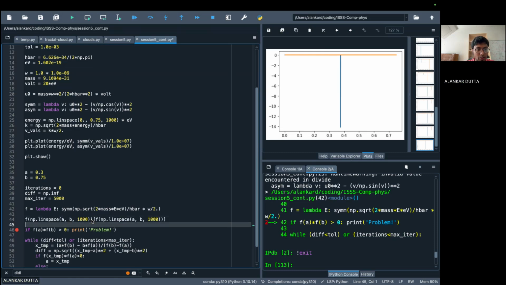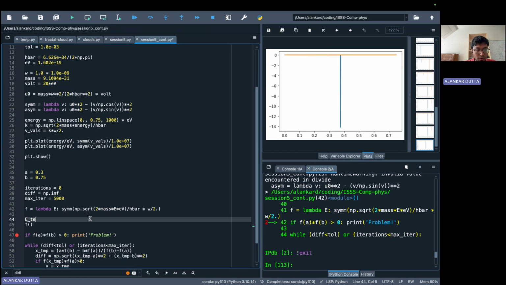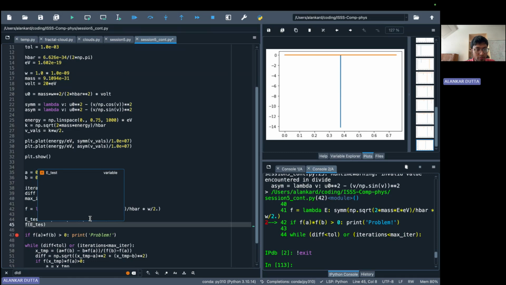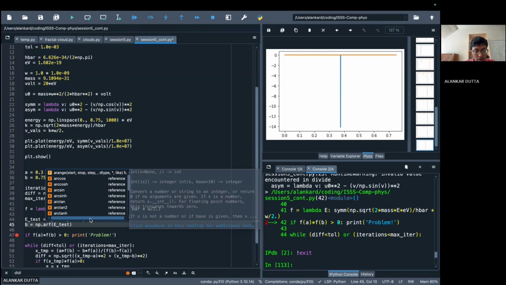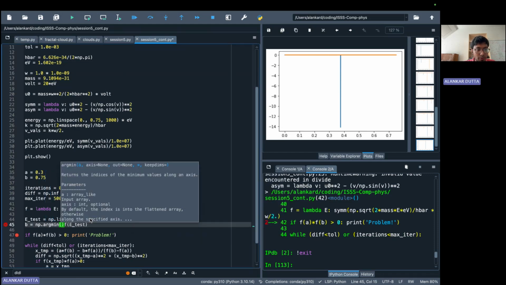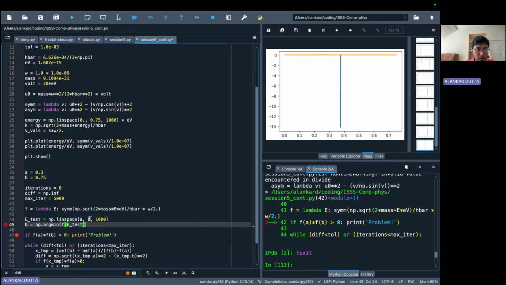So we do something like command C. Let's call this energy E_test. E_test equals command V. So get this function and then just pass this to E_test, right? So this will give me the values and then do something like B equals np.argmin. So this gives me the minimum value, the position of the minimum value, right?